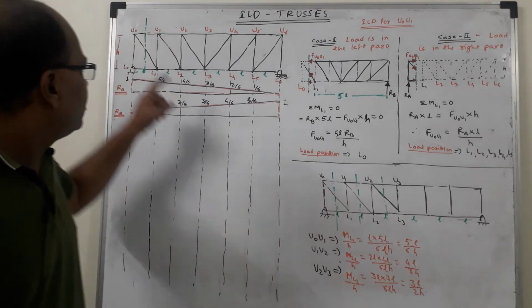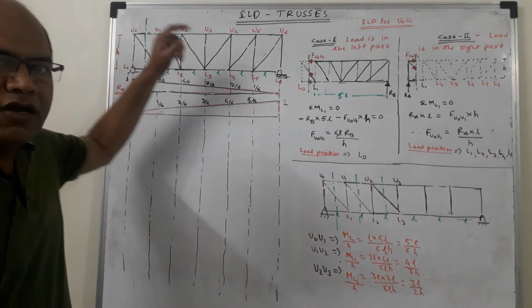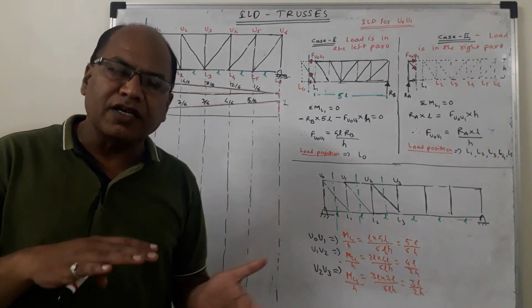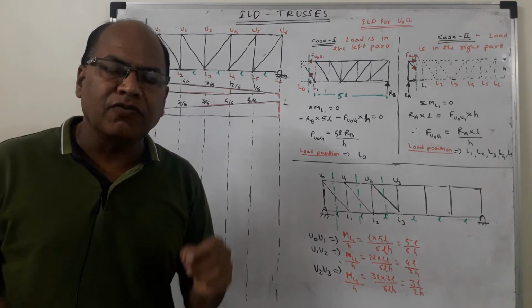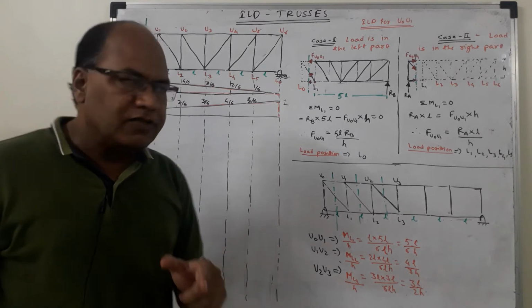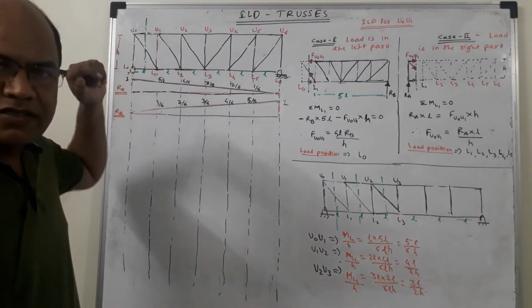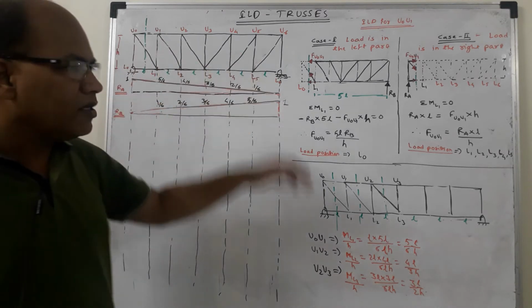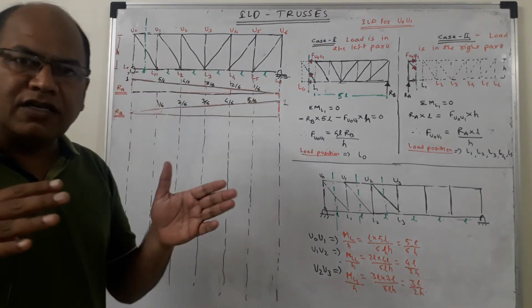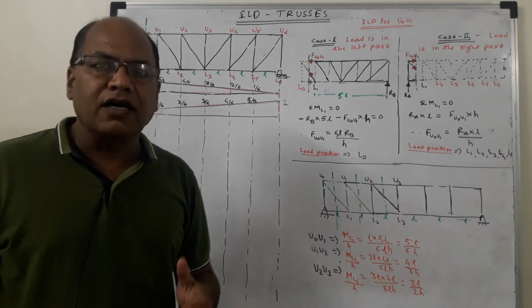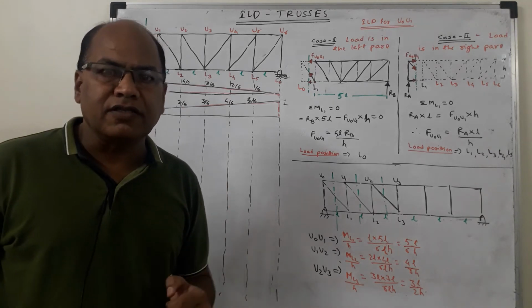In order to get the force in this member, we will have to use either the method of sections or the method of joints. But here the method of sections will work out to be simple, and that is why I am using it. Usually, to get the ILD for any particular member, means the force in a certain member is to be obtained, and in such cases the method of sections is useful.